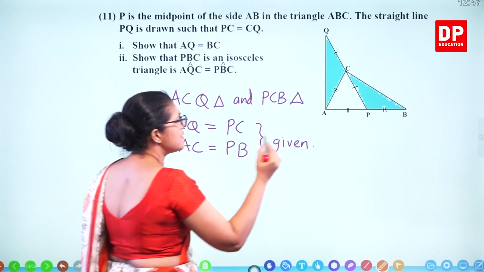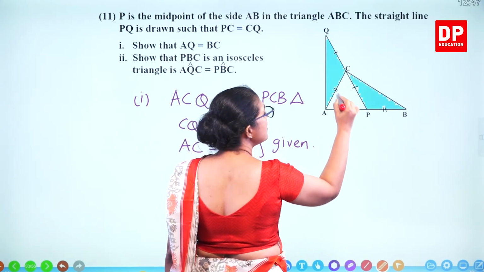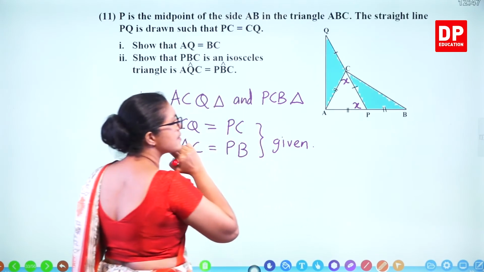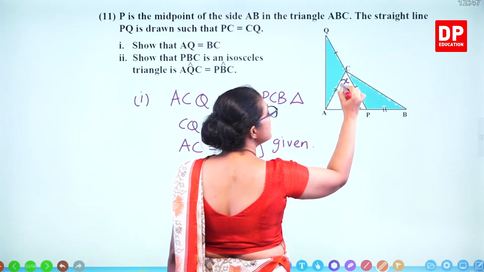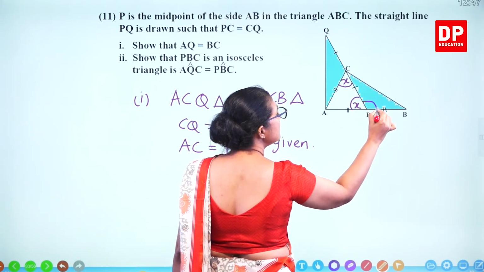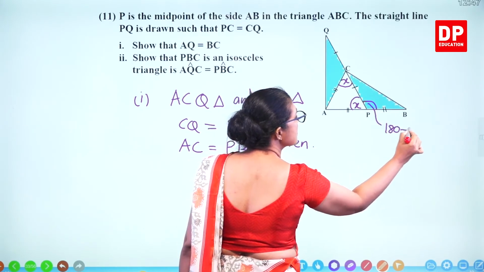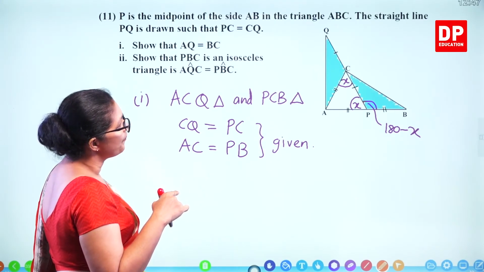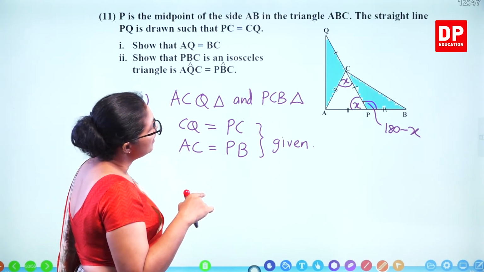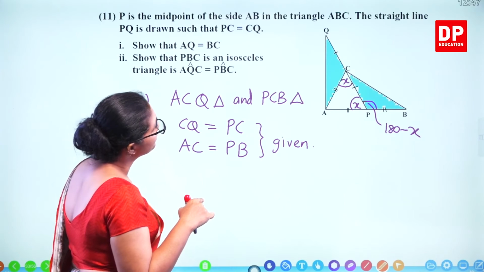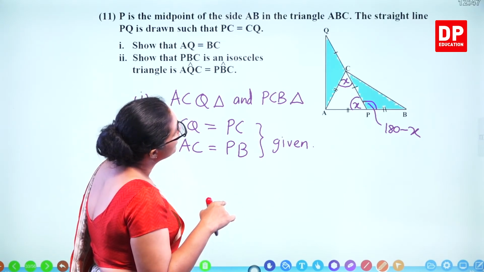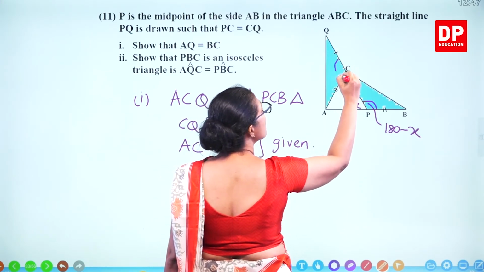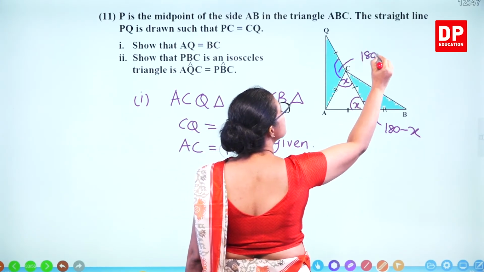So let's see, if this is X, here this is an isosceles triangle, so this is also X. So what is this angle? 180 minus X, because that's a straight line. And in this triangle, how do we find the other angle? Here, if this is a straight line, this is also 180 minus X.